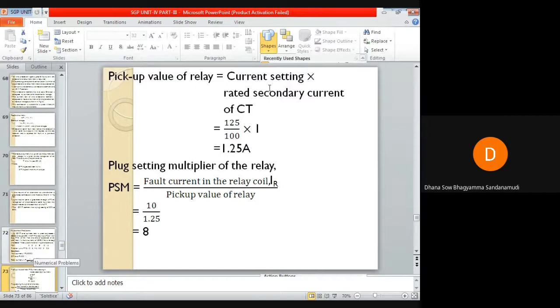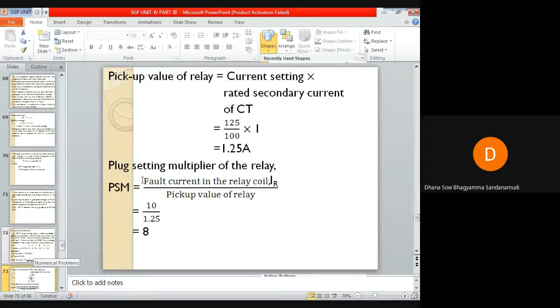So 125% means current setting value of 125 by 100, into the CT secondary rating. Primary rating of the CT is 500 and secondary rating of the CT is 1. So 125 by 100 into 1, the secondary rating of the CT, you will get 1.25 amperes.